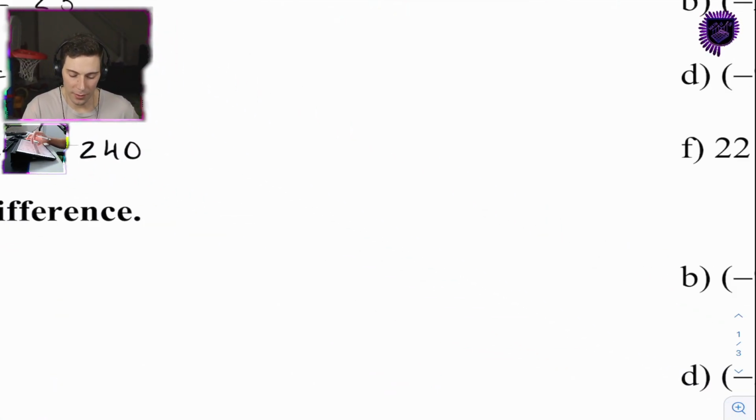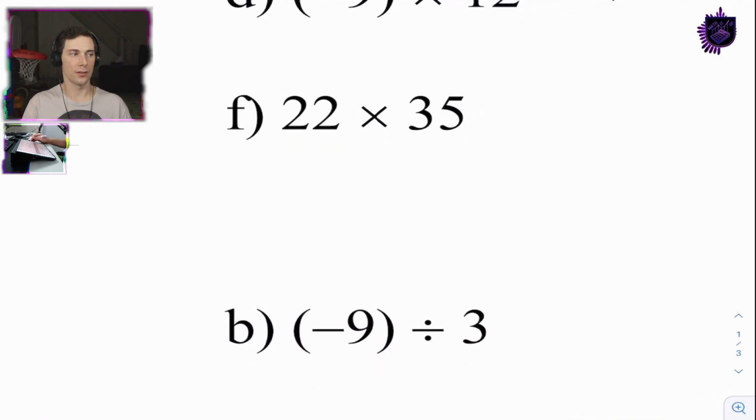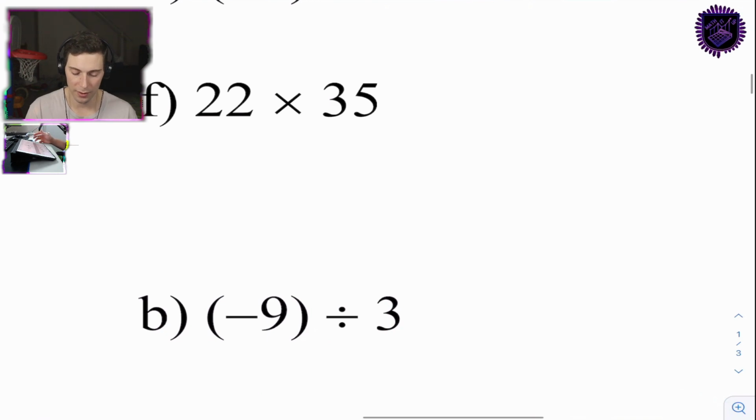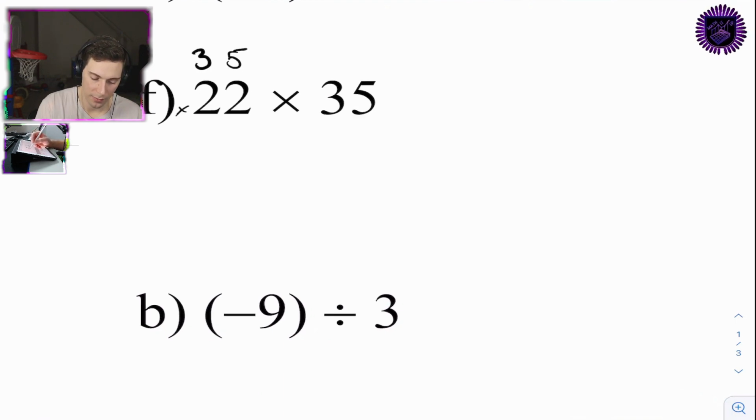All right, so let's go to our last question in this section. F, and F is 22 times 35. Positive times a positive is also a positive, and it's always been that way, so I don't have to apply any rules there. We just need to remember how to multiply 2 by 2. So we can line this up. And we can write it 35 over 20.